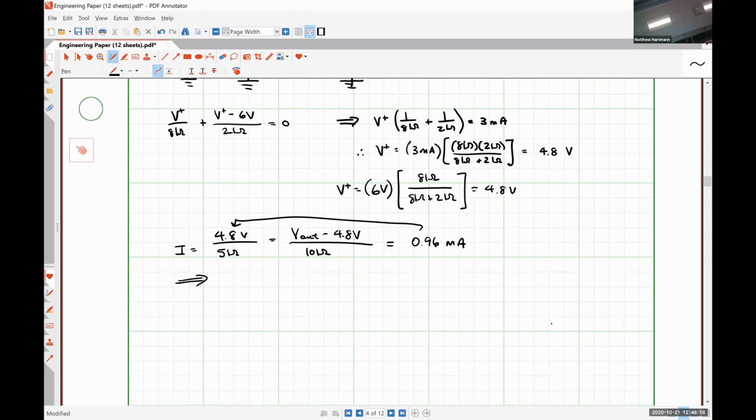So from that, I can say that V out is 10 kiloohms times 0.96 milliamps plus 4.8 volts, just using algebra. So 0.96 times 10 plus 4.8 is 14.4 volts.